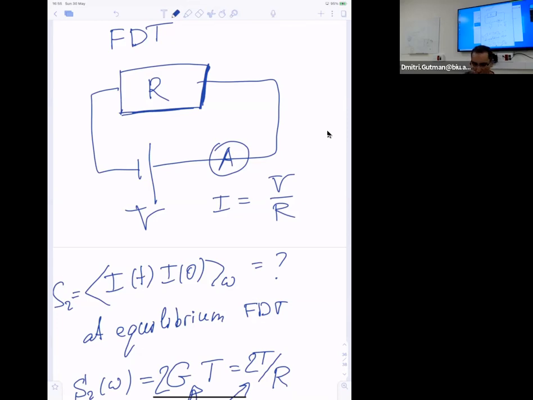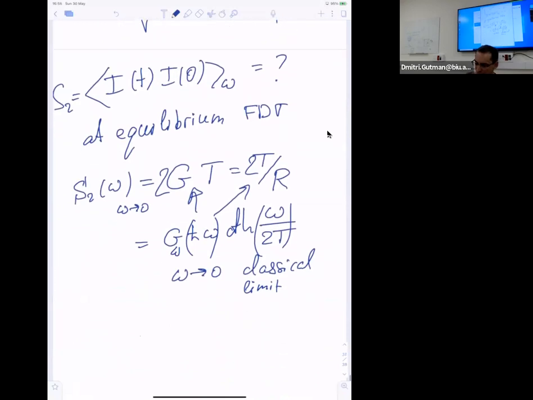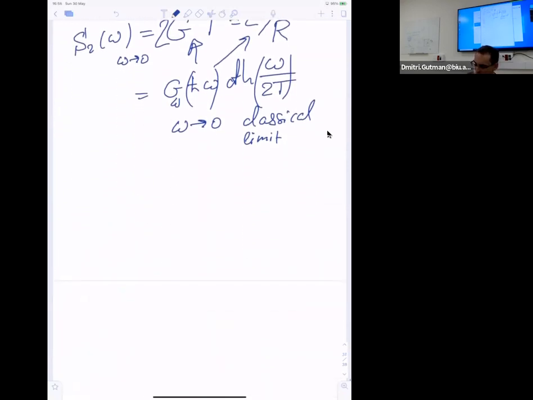Okay, so how do we solve this problem? First of all, we go back and remind ourselves what the mean value of the current that flows in this system is and how we compute it.